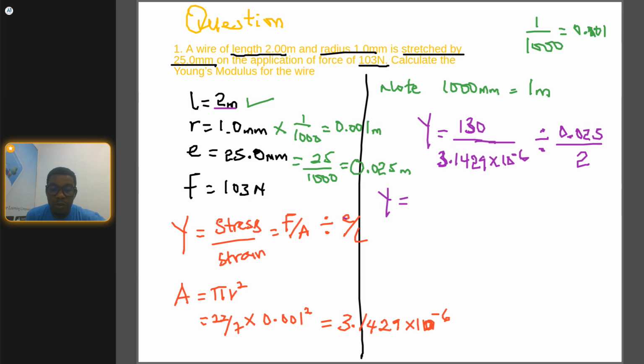Young modulus equals 1. Sorry, this is not 130. It should be 10^3, not 130. Let me correct that. So we have 10^3 over 3.1429 times 10 raised to power minus 6, multiplied by, when you change this to multiplication, there will be a reciprocal.